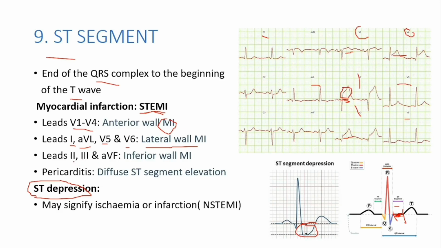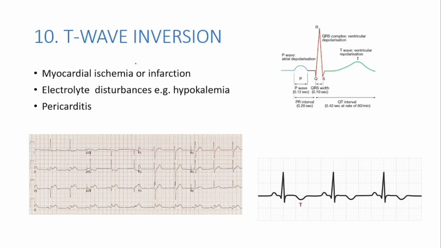But if it is seen in leads 2, 3 and aVF, it will be called inferior MI. Like this is 2, 3, aVF, inferior wall MI. But if this ST segment elevation is seen in all leads, it will be called diffuse, and it is seen in pericarditis. ST segment depression is seen in MI, ischemia or infarction.